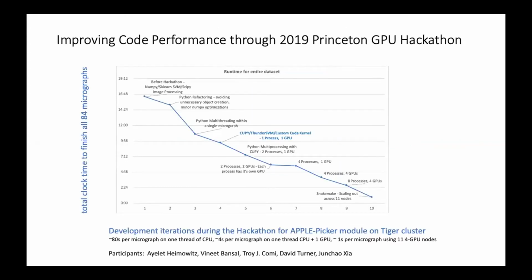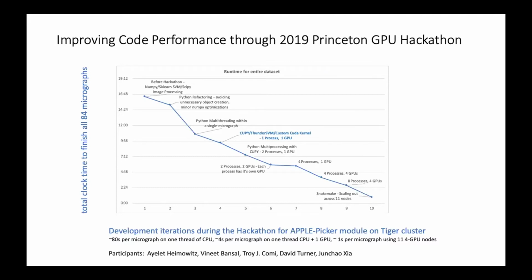In addition to day-to-day code development, we also participated in the 2019 Princeton GPU hackathon to improve the code performance for the sub-module Apple Picker, which was developed to pick millions of 2D particles from thousands of micrographs.